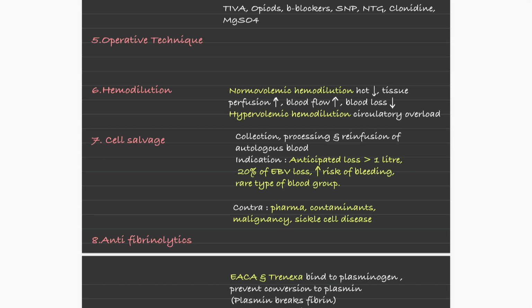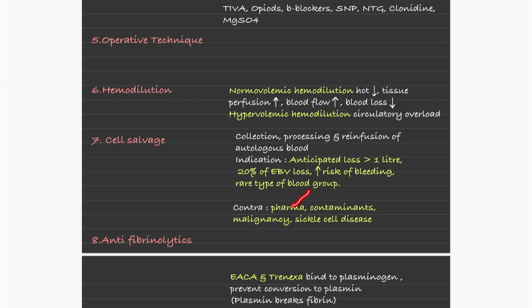It is indicated when the anticipated loss is more than 1 liter, or more than 20% of estimated blood volume, or the patient is at high risk of bleeding, or the patient has a very rare type of blood group which is not available in the blood bank. Contraindications for cell salvage are, it requires appropriate training. So training is required. Other causes are pharmacological.